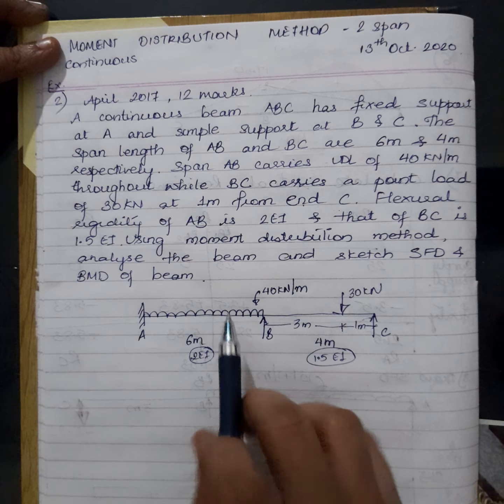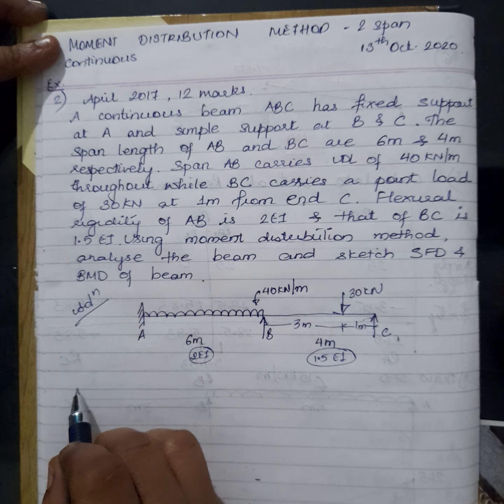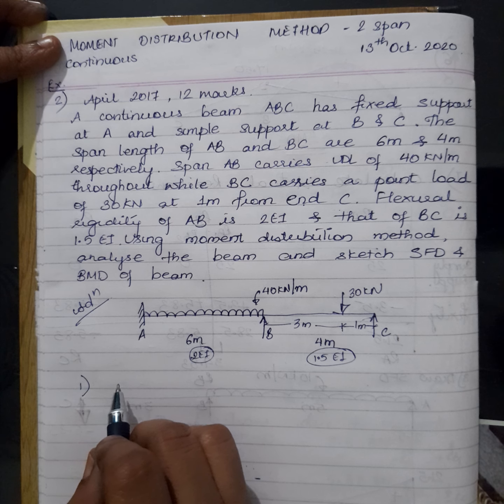Using the moment distribution method, analyze the beam and sketch the SFD and BMD of the beam. So the very first step, this is the solution. The very first step is to assume all the members as fixed.